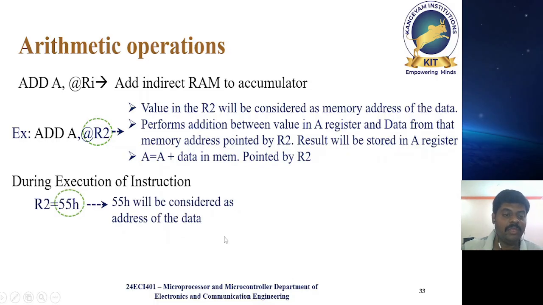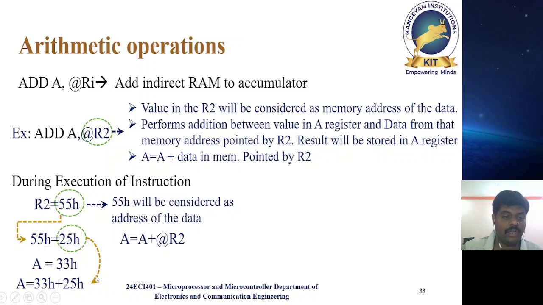Okay, simple example: suppose R2 is having 55. This 55 will be considered as the address of the data, and then the data from that address will be taken. Suppose A equal to 33. So here indirectly we are taking this 25 and these two will be added.